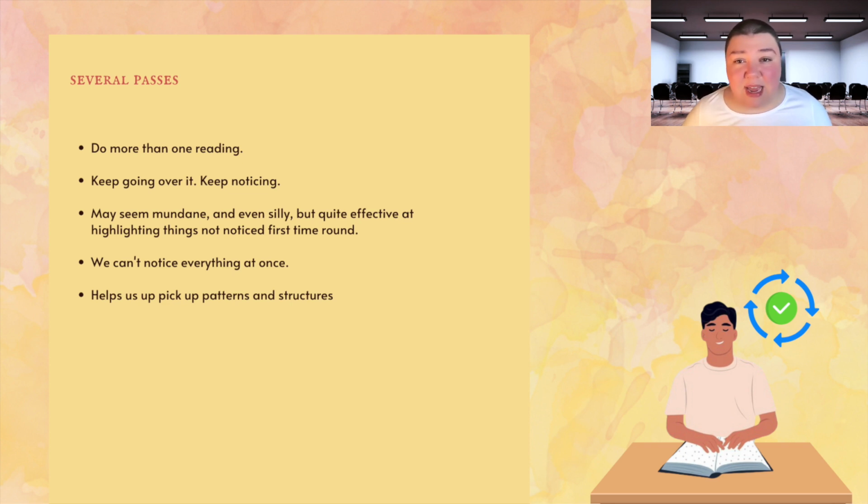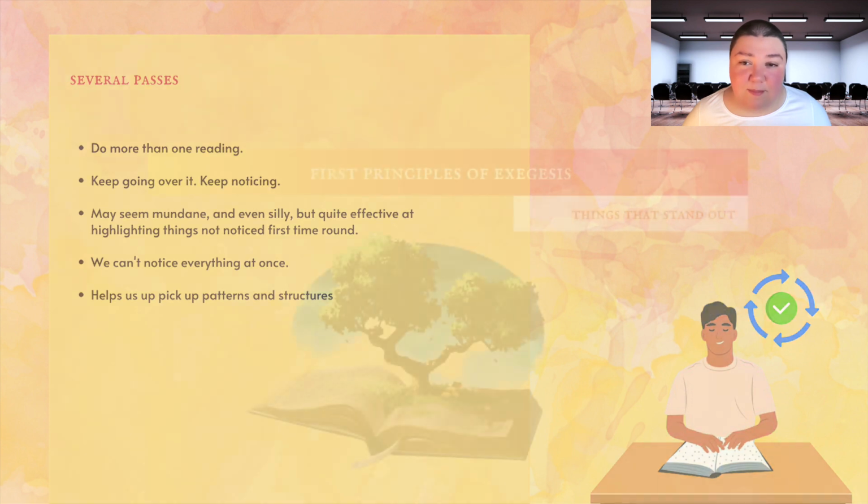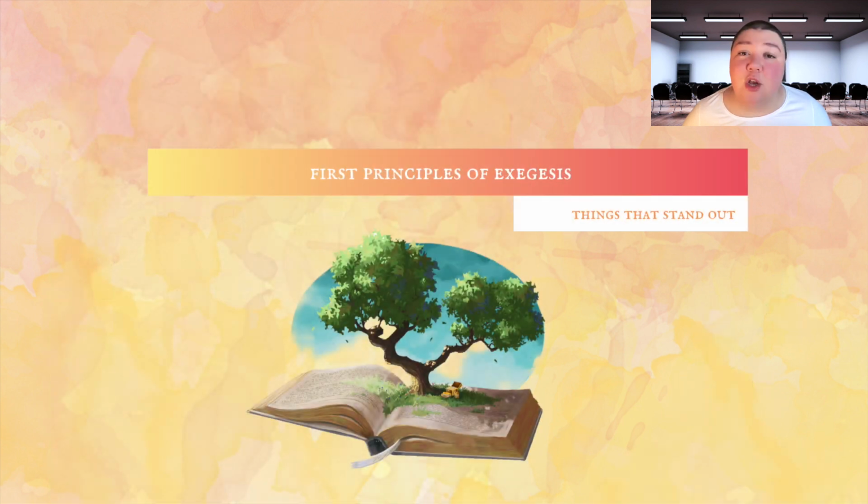This may seem mundane and even silly, but going over a text several times can be quite effective at highlighting things you didn't notice the first time round. Because we can't notice everything at once. This practice will help us pick up patterns and structures we didn't see at first. So when we carry out exegesis, we read the passage several times, which leads us to the next step, noticing things that stand out.